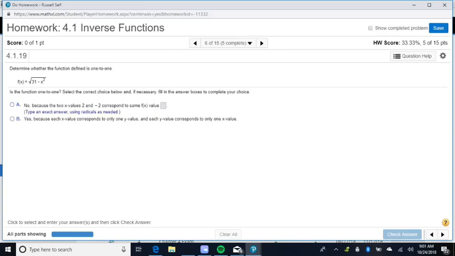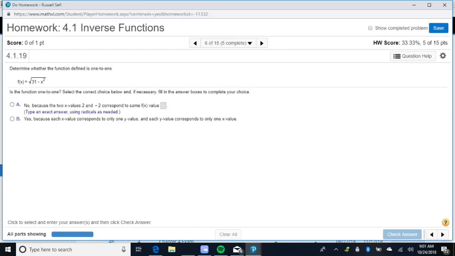Go to the next one. Determine whether the function defined is one-to-one. All right, here we have our graph. And now they're going to give you lots of different ways of determining whether these functions are indeed one-to-one. I'm going to tell you that sometimes you have to use their values just to be able to check it.